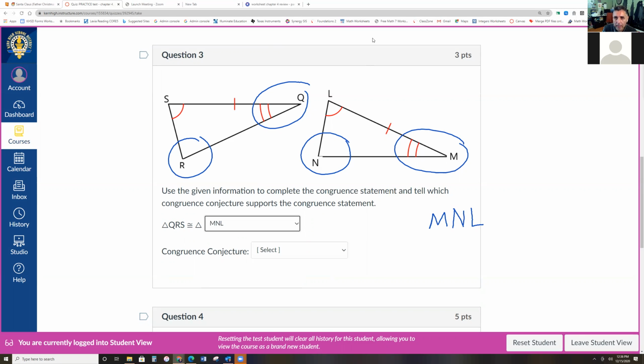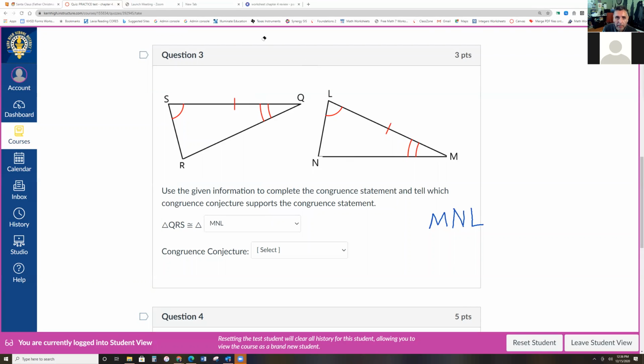And then again, look back at the diagram to figure out how we know those 2 triangles are congruent. It's going to be one of these 5 congruence conjectures, or the shortcuts that we call them. Some students ask, how do I know which one to choose? Well, the diagram tells us. This mark tells me that angle is congruent to that angle.